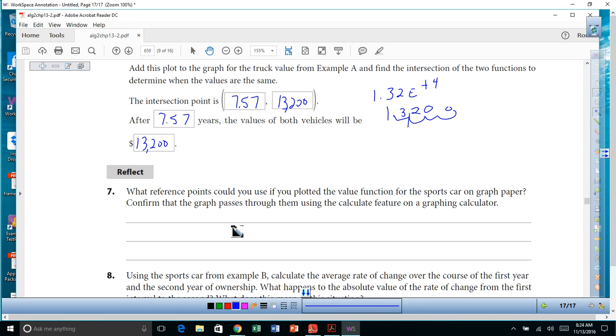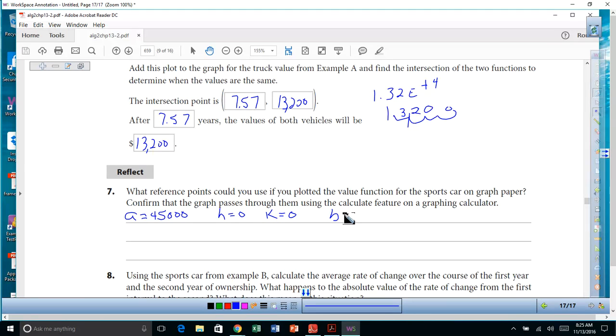What reference points could you use if you plotted the value function for the sports car on graph paper? Confirm that the graph passes through them using the calculate feature on the graphing calculator. Okay, so we could have, for the sports car, A equals 45,000. We could have used H is 0 and K is 0.